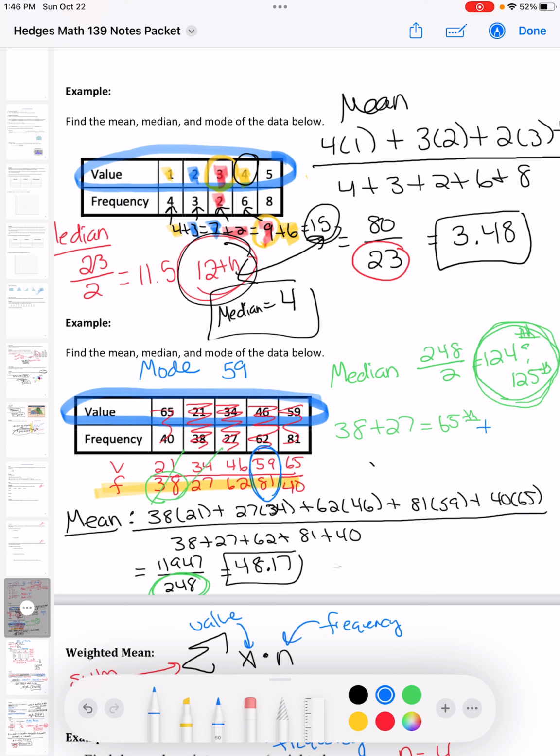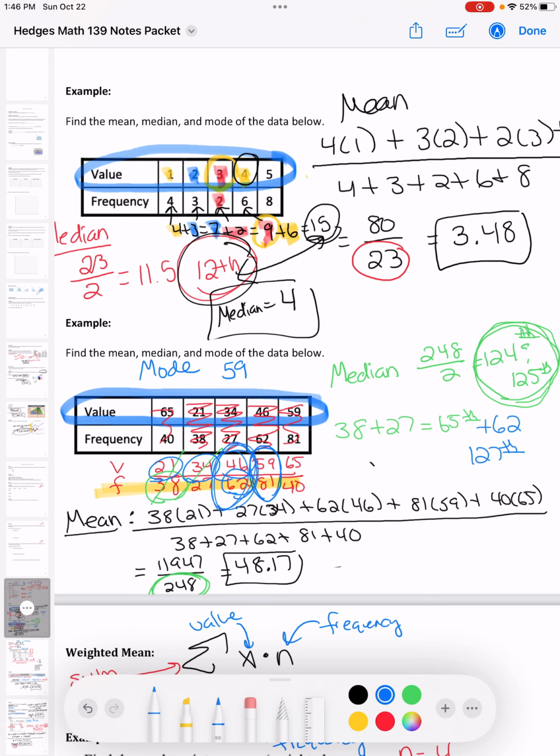Then I'm going to add the next frequency, which would have been 62, the next 62 numbers in the list. That gets me to the 127th number. So this gets me where I need to be. I had a whole bunch of 21s, then a whole bunch of 34s, and then a whole bunch of 46s.